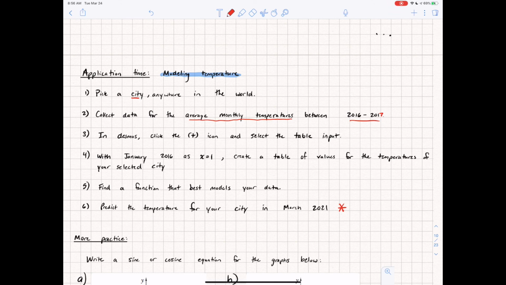So next year, can we predict what the temperature would be? Better yet, if you want to use your model, what would the temperature be in April of 2020? And by the end of the month, we can see if the monthly average turned out to be that or not. So that is your project. If you have any questions, let me know. And you'll have about 2 days to work through this before we continue and move on.